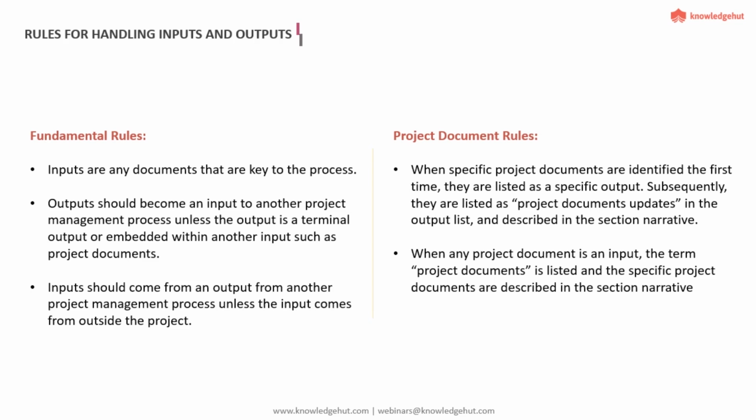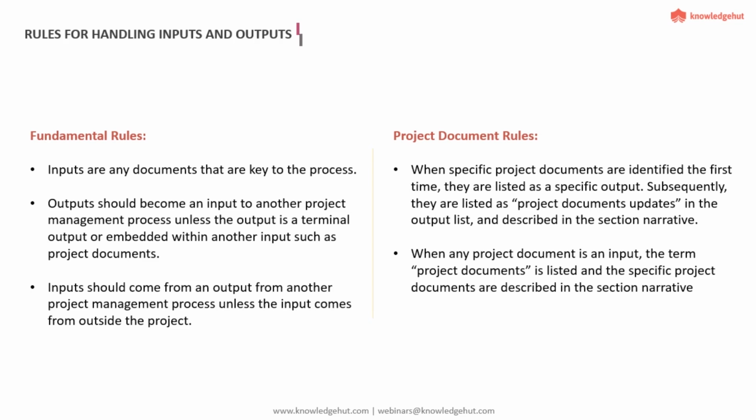The name Risk Register as an output would be there only in one process, called Identify Risk. But in future, if this document goes through any changes, they would show that as an output that would read as a project document update. I think that's one basic rule they are making here.